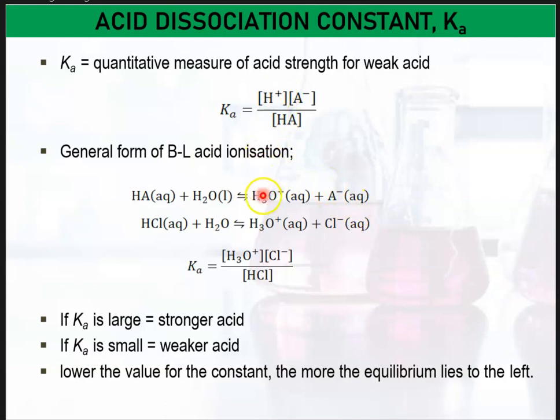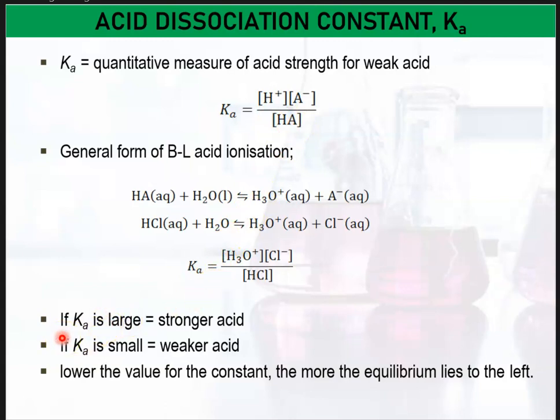Remember, H plus is also equal to H3O plus, so it's up to you if you want to write H plus or H3O plus. It is the ratio of product to the reactant. So that is the Ka value.